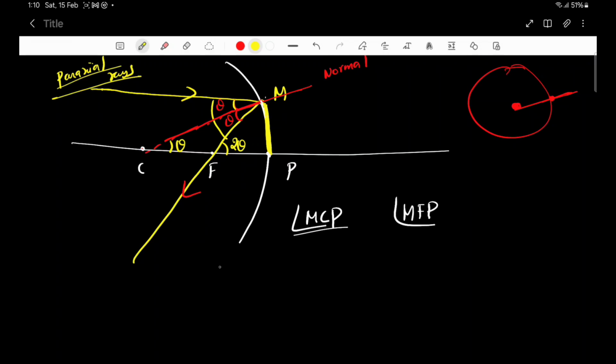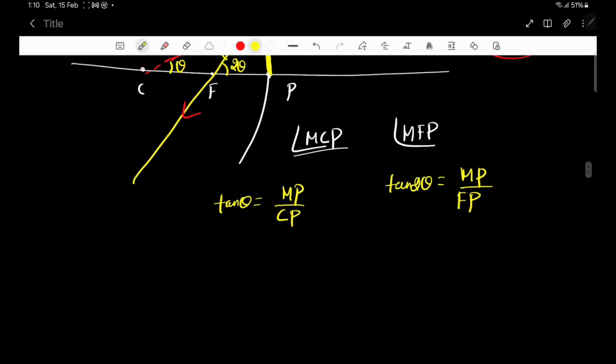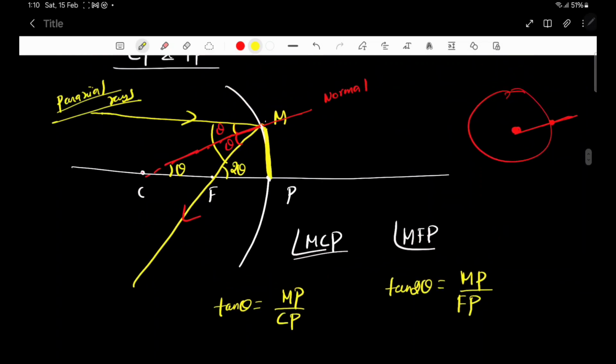From the MCP triangle I can say that tan theta is equal to opposite side MP by adjacent side CP. Similarly, from the MFP triangle I can say that tan 2 theta is equal to opposite side MP by adjacent side FP. Since we have considered paraxial rays, obviously this theta is going to be very small.